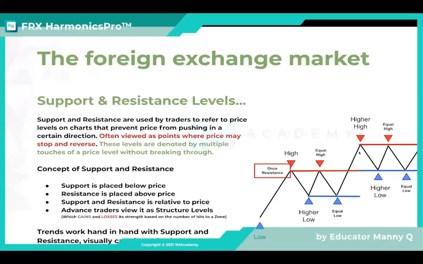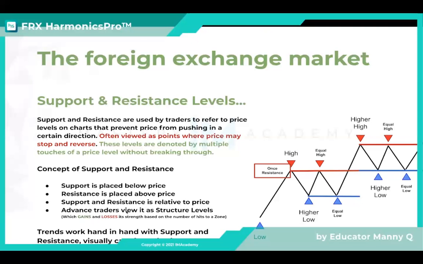Because price is now above this previous resistance, this is now considered a new support inside of the market. All righty. So right then and there, let's understand that support and resistance is relative to price inside of the market.